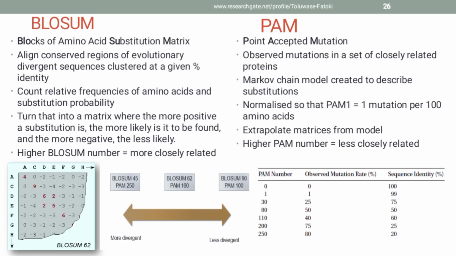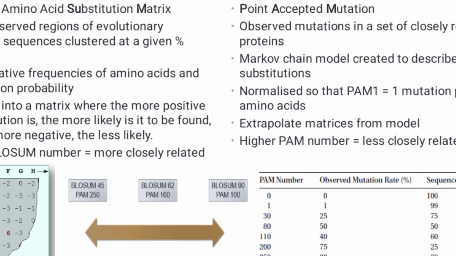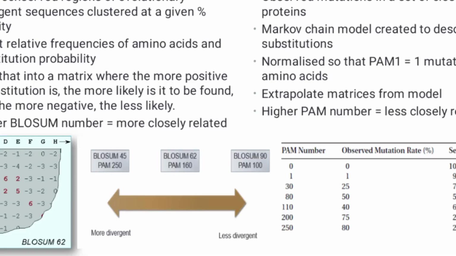But if you want to match proteins that are somewhat different from each other, then you have to use the lower BLOSUM, that is BLOSUM 45. But if you want to consider proteins from almost similar species, where the divergence is very little, then you use BLOSUM 90.